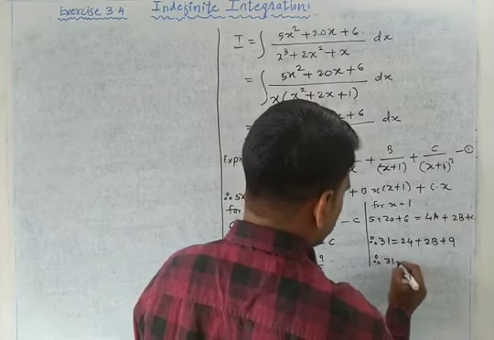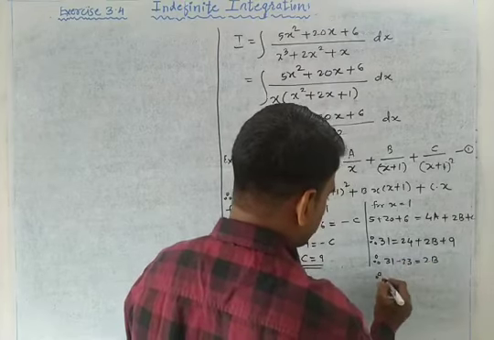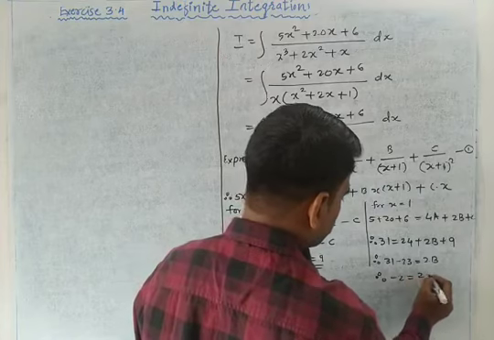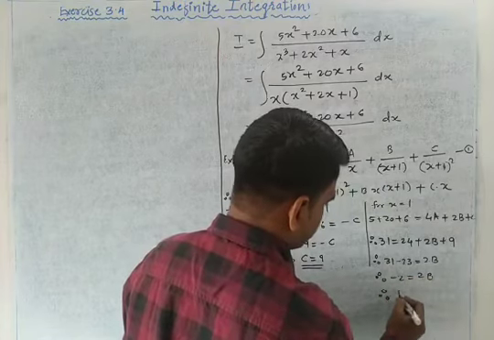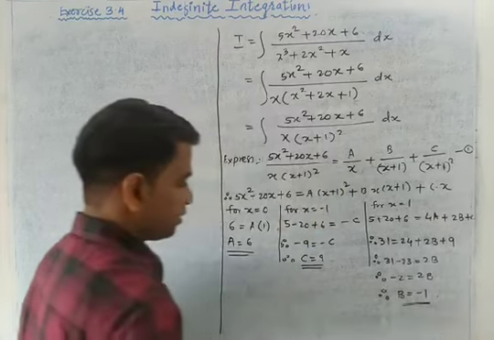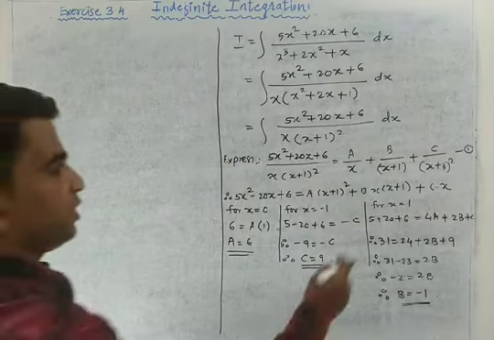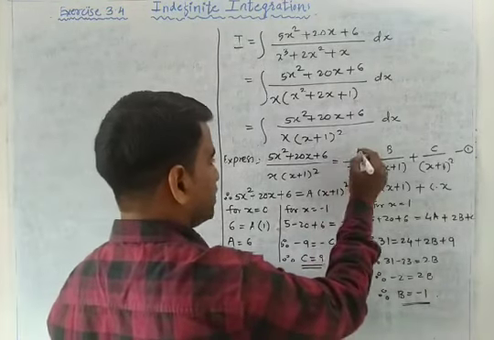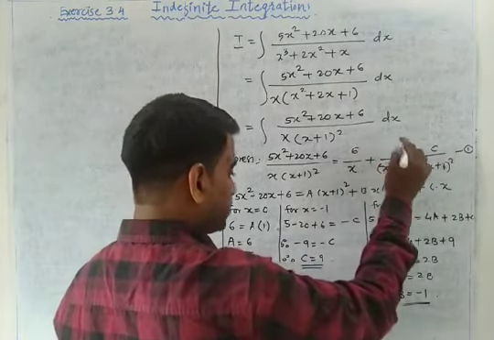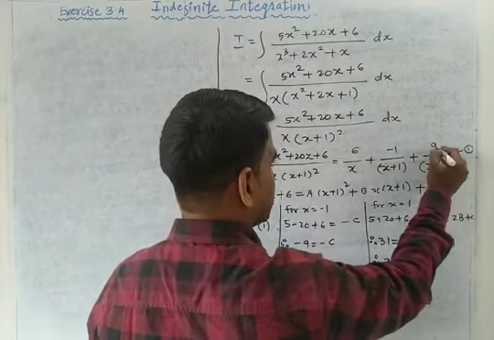So now 31 minus 33 is equal to 2B. Therefore -2 = 2B. Therefore B = -1. So hence we get values for A, B and C. Now substitute in equation 1: the value of A is 6, B is -1, and C is 9.